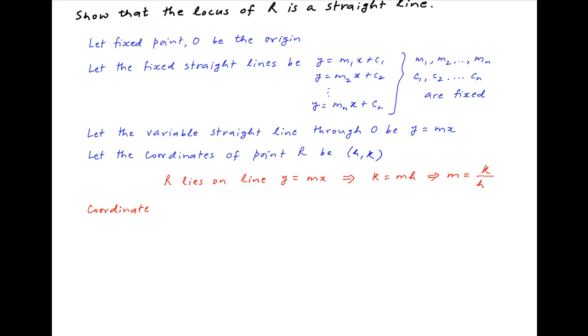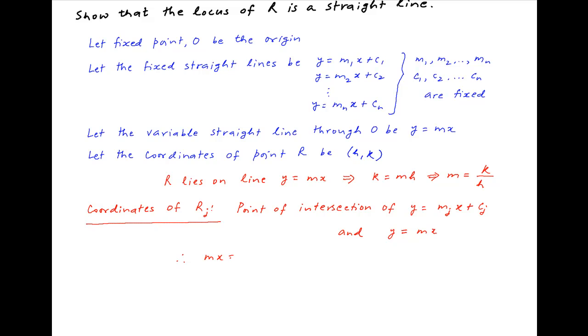Now we'll determine the coordinates of the point Rj, which is the point of intersection of the line y is equal to mjx plus cj and the line y is equal to mx. Equating the value of y from both equations, we get mx is equal to mj times x plus cj, and therefore x is equal to cj upon m minus mj.